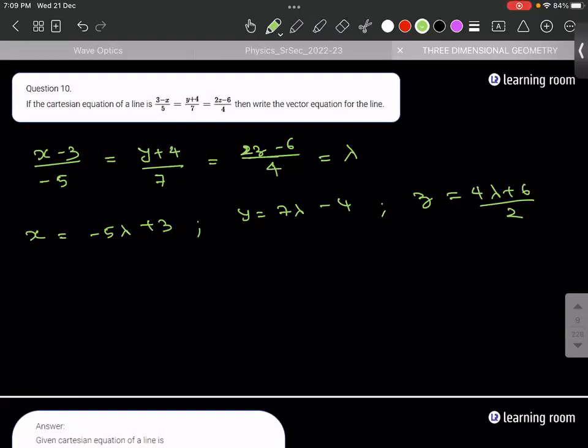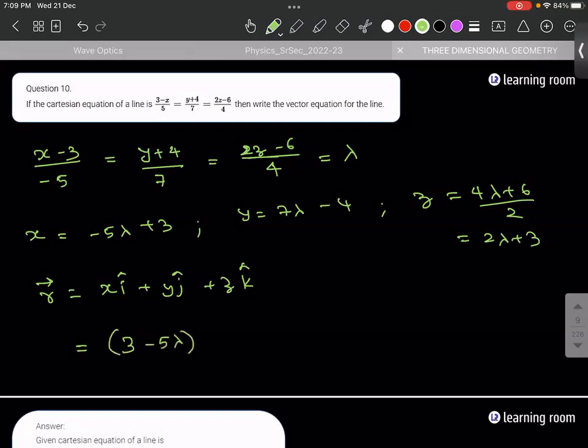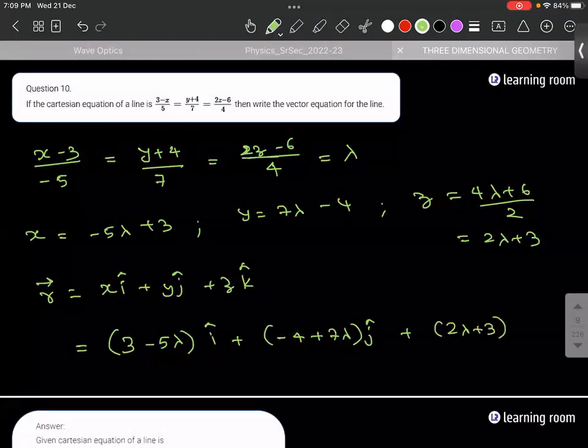So what will be the vector equation? R vector is equal to xi cap plus yj cap plus zk cap. So that will be 3 minus 5 lambda times i cap plus minus 4 plus 7 lambda times j cap plus 2 lambda plus 3 times k cap.